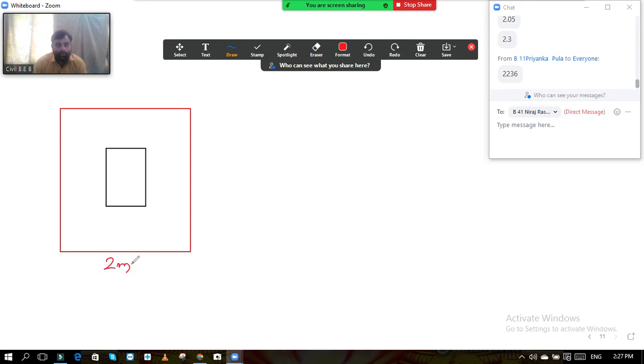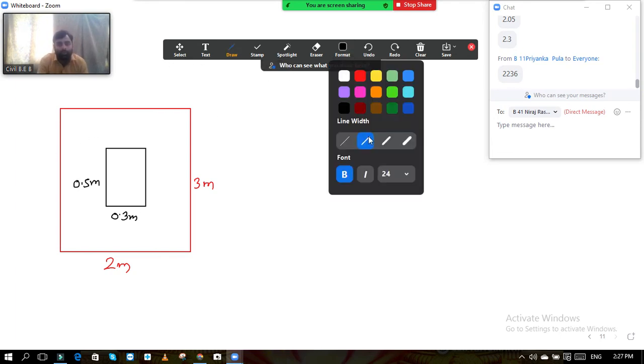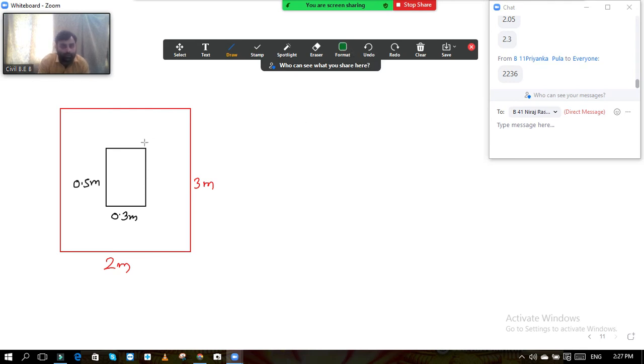Here it is 2 meter, here it is 3 meter. What are the dimensions of the column? On this side 0.3 meter, on this side 0.5 meter. Now the critical section is at the face of the column, so we have to take the critical section on the face of the column.